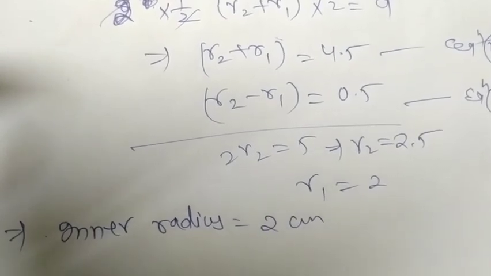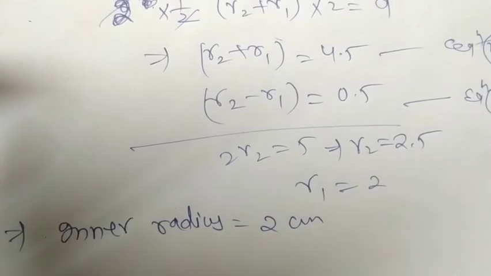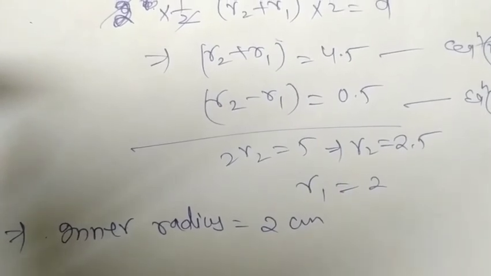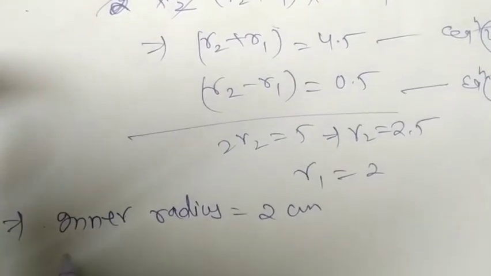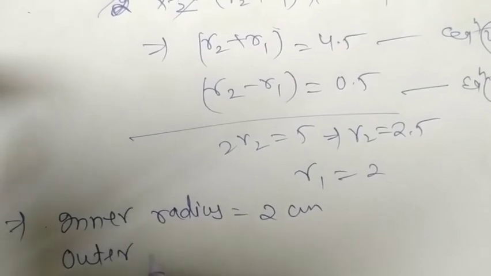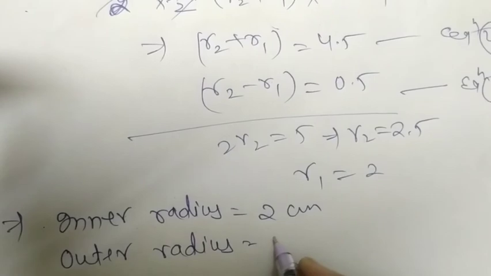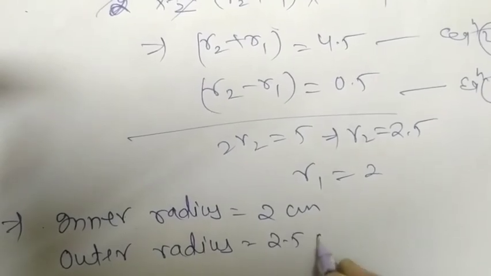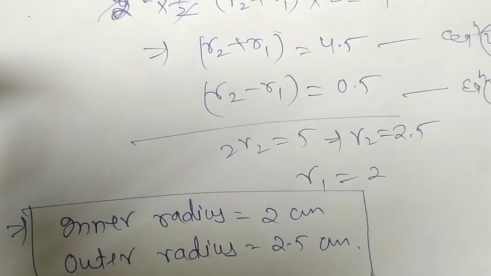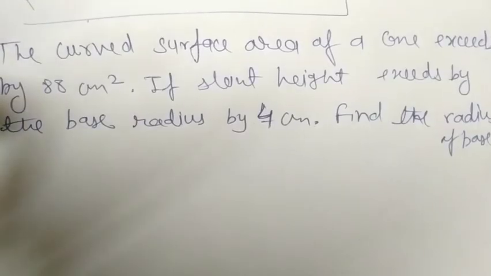Since all the quantities are given with the unit centimeter, we will put the centimeter. And outer radius will be 2.5 centimeter. This is the required result.